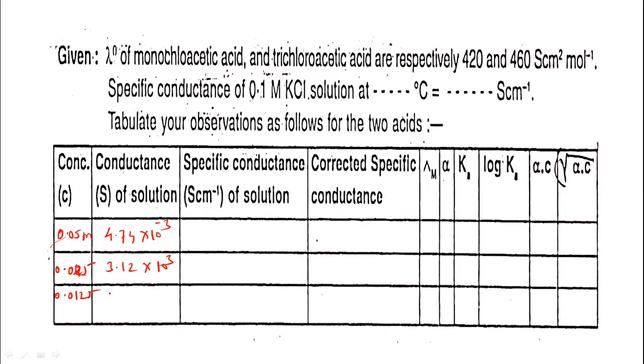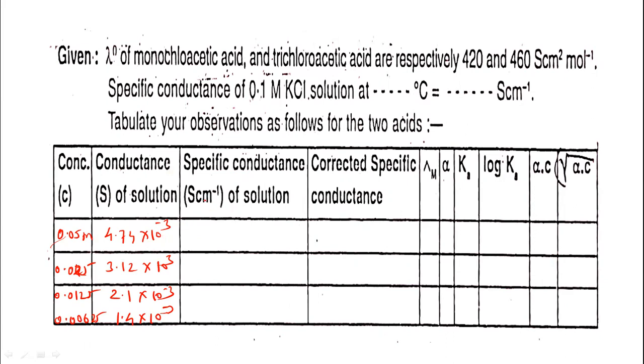Suppose this reading is 2.1 into 10 raised to minus 3. The last concentration is 0.00625. Suppose this reading is 1.4 into 10 raised to minus 3. You can see that conductance increases as the concentration decreases.